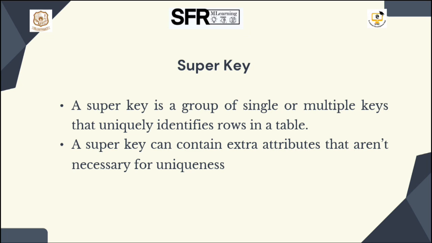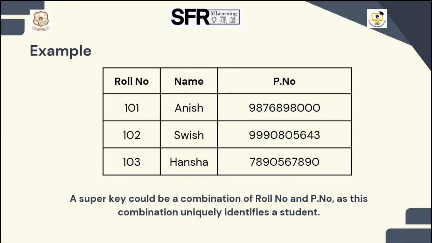A super key can contain extra attributes that aren't necessary for uniqueness. Here the example is roll number, name and phone number. A super key could be a combination of roll number and phone number, as this combination uniquely identifies a student.